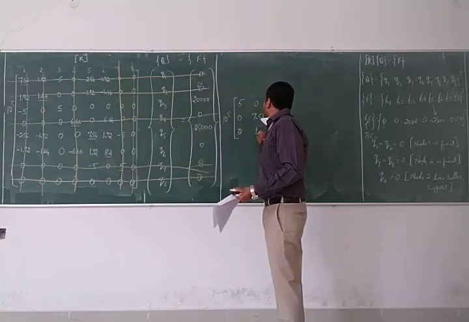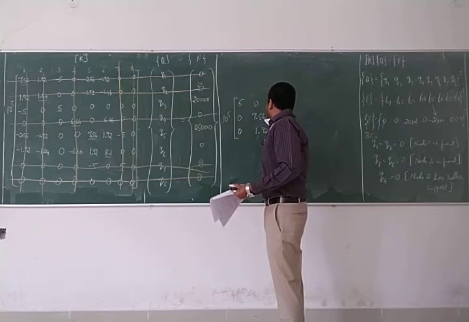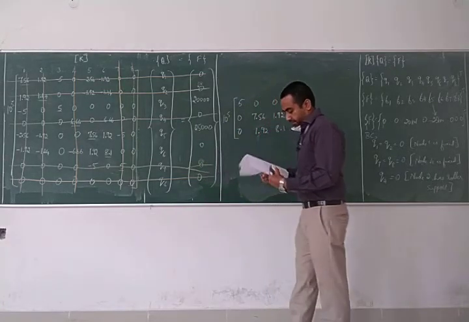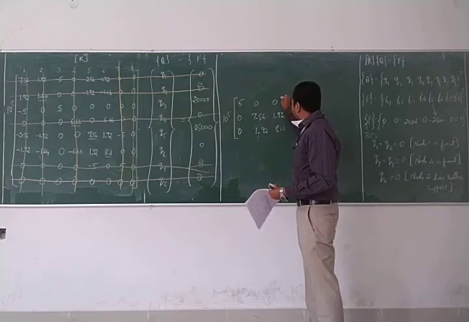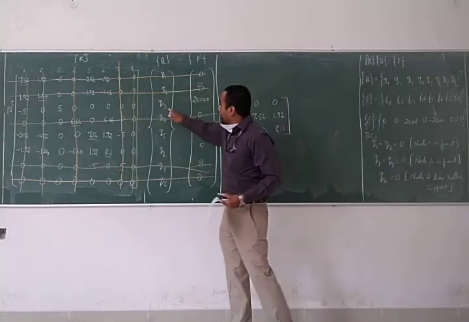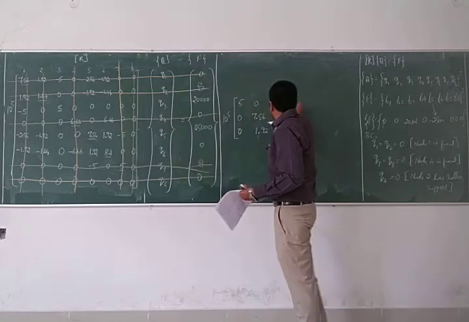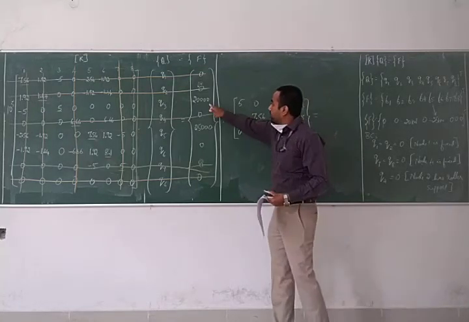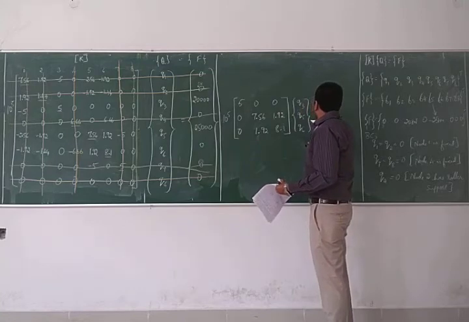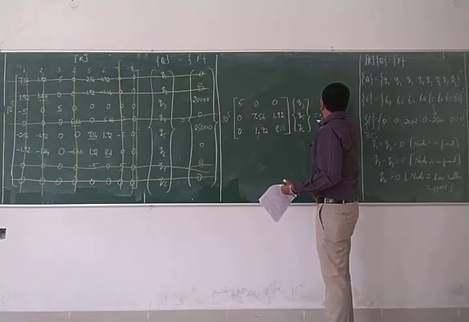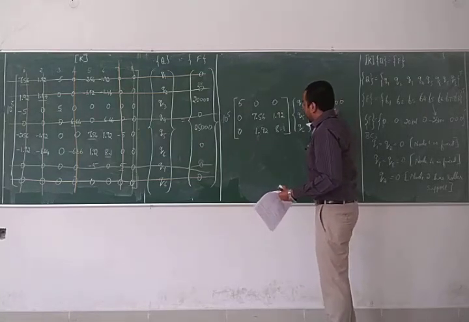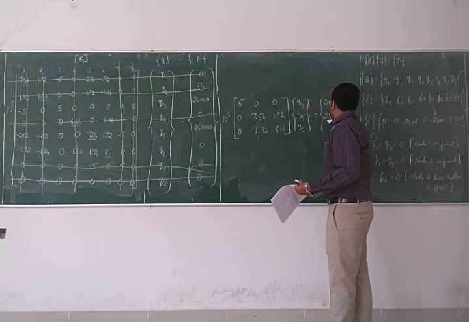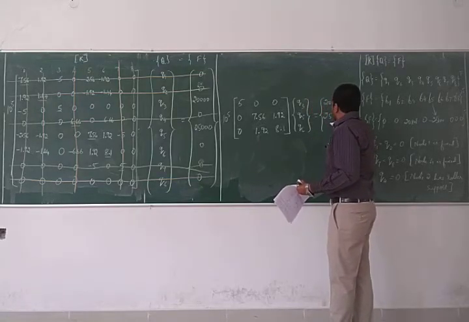The Q values remaining are Q3, Q5 and Q6, which is equal to the remaining F values: 20,000, 0, 25,000 and 0.